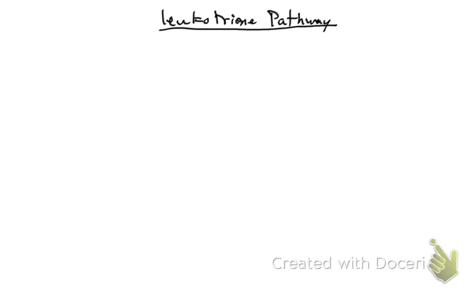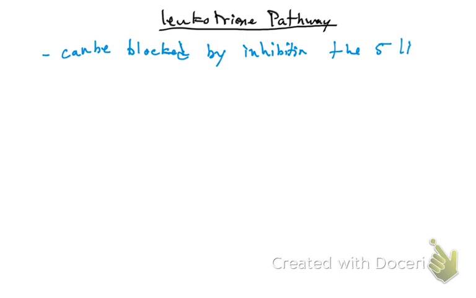Before we draw this, let's say a few things. This leukotriene pathway can be blocked by inhibiting the 5-lipoxygenase pathway, or by blocking the leukotriene receptors.